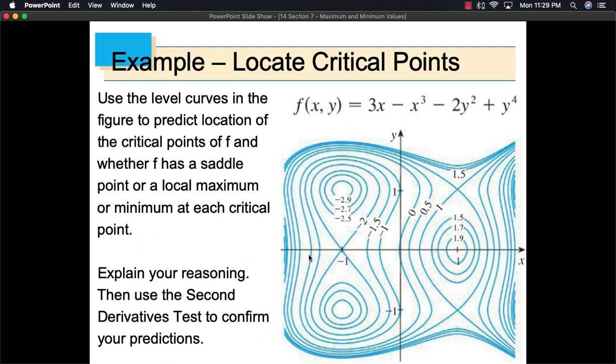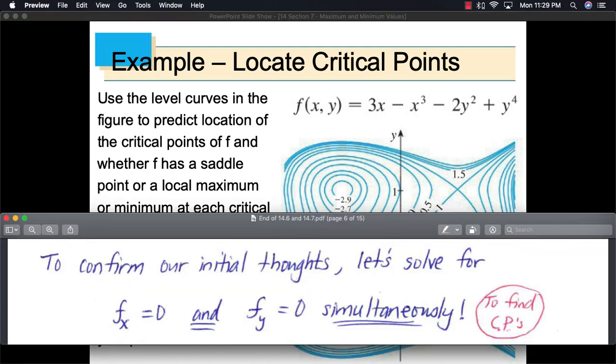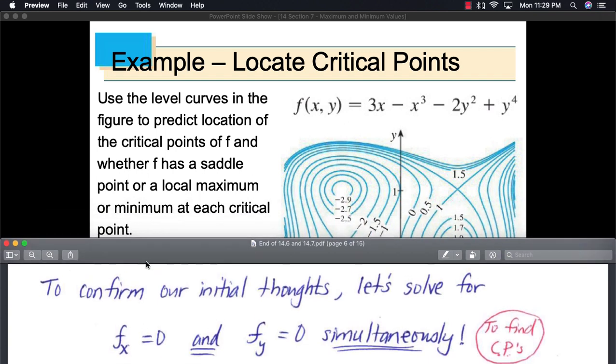So I want to confirm our discussion, or at least my take on what was just discussed here. Again, just as a summary, I believe this to be a local minimum, and its symmetrical counterpart down below is also a minimum.